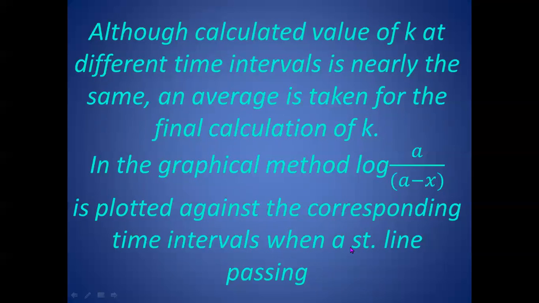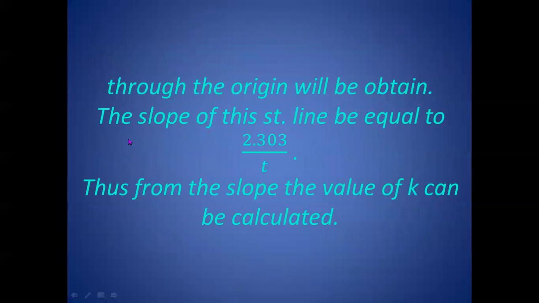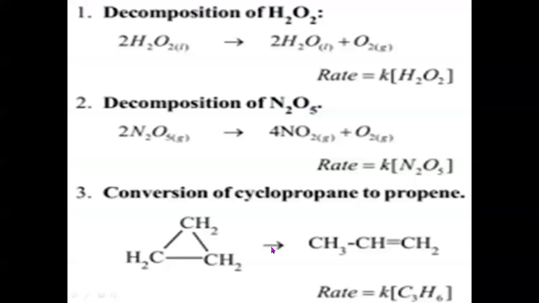The concentration values we can take on the y-axis and time on the x-axis. So the graph will be a straight line, okay? And the slope of that straight line will give you the value of K. Thus, from the slope, we can calculate the value of K.